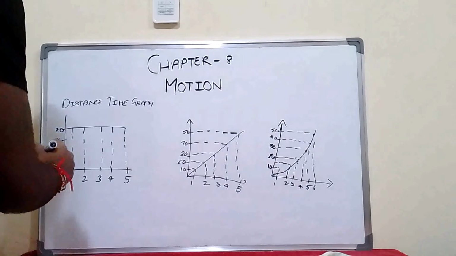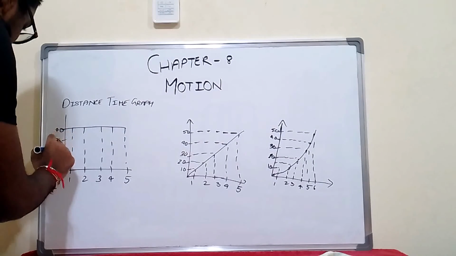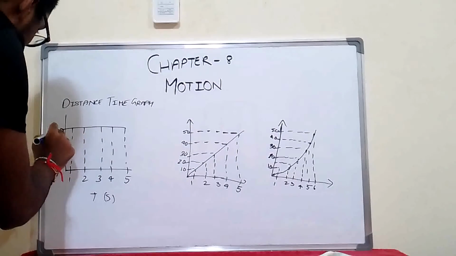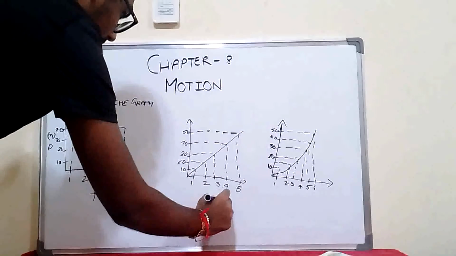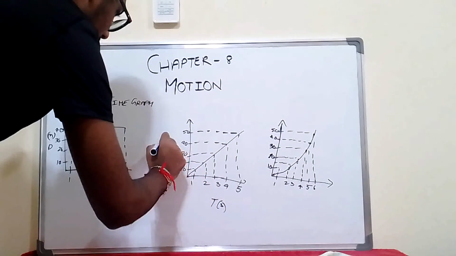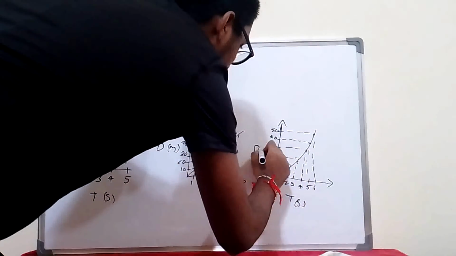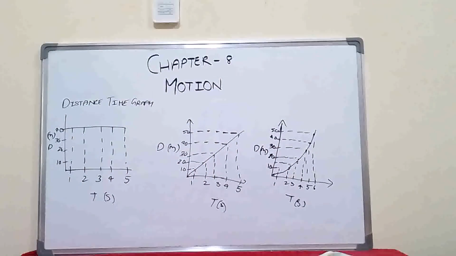Okay, sorry. So this is going to be distance, and this is going to be time in seconds, and this is going to be in meters. Same here, time in seconds and distance in meters. So here we can see that in the first example, it's a line parallel to the x-axis.